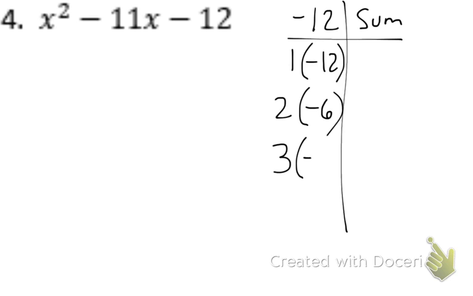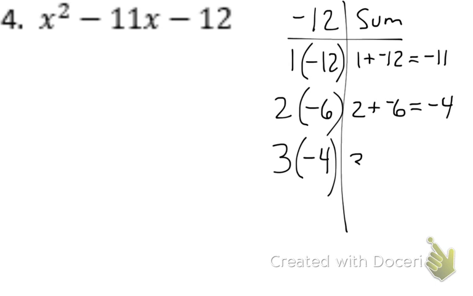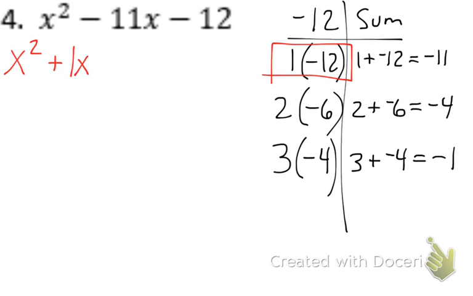So we can list out our factors and then add them up. 1 plus negative 12, negative 11. 2 plus negative 6 is negative 4. 3 plus negative 4 is negative 1. The pair that adds up to negative 11 is right here. So we can split the middle term into positive 1x, negative 12x.